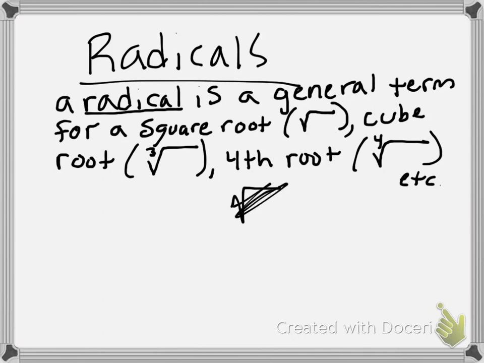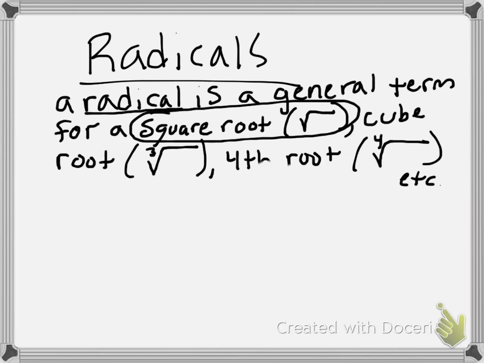Now, one of the things I do want you to notice is when I'm talking about a square root, this is really where we stick in Math 1. We're going to stay in square roots. Well, when I look at a cube root, it has a little 3 right there, and a fourth root has a little 4 right there. When you're dealing with a square root, it does not have a number right there.